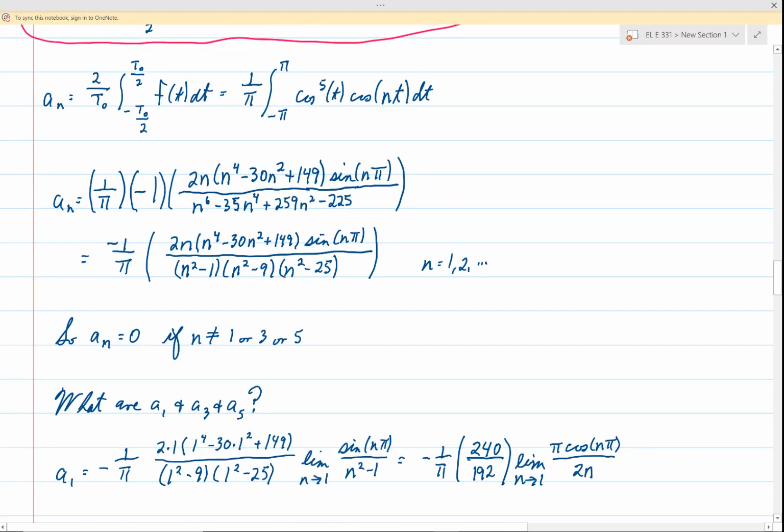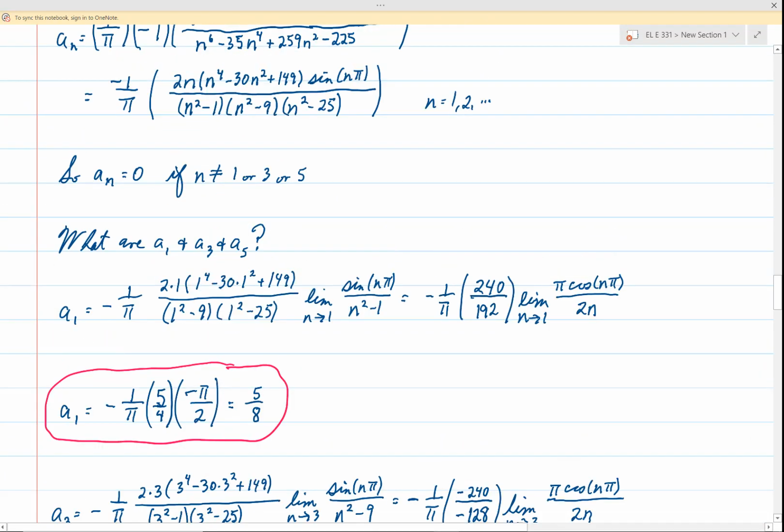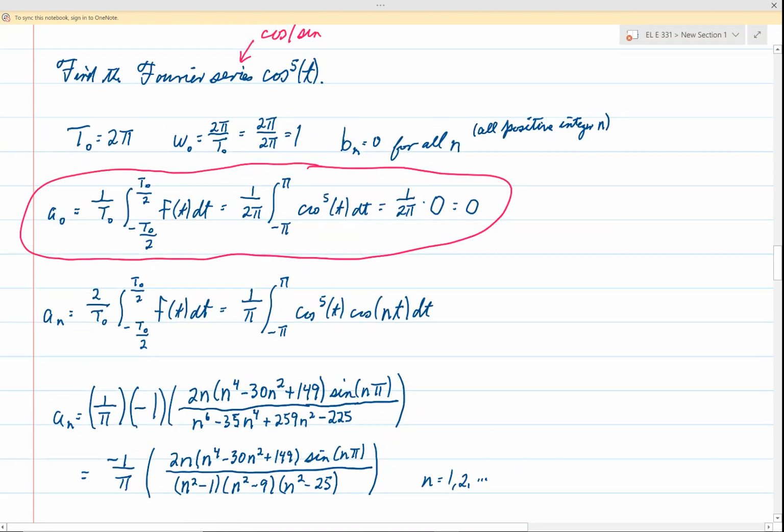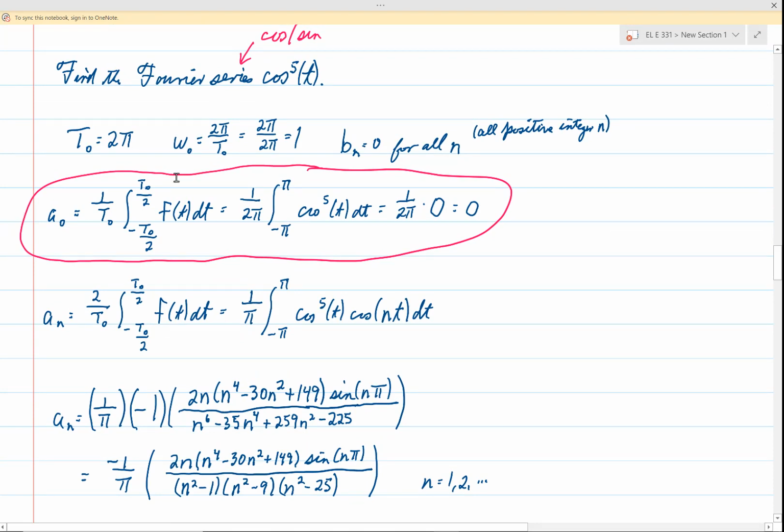So when we come down here to an odd power of cosine t, now cosine to the 5th t, that might make you think to look for odd powers.